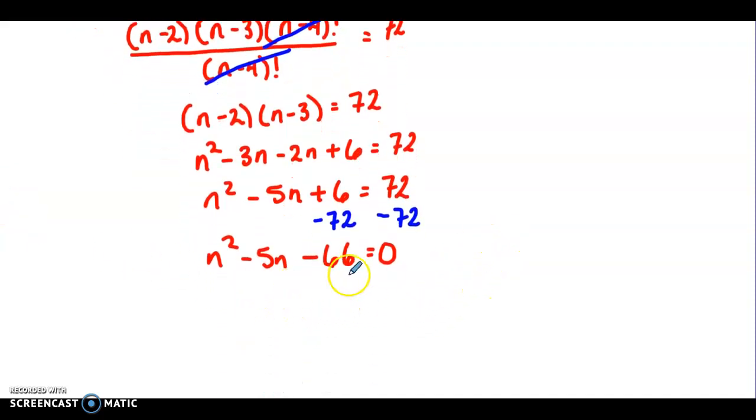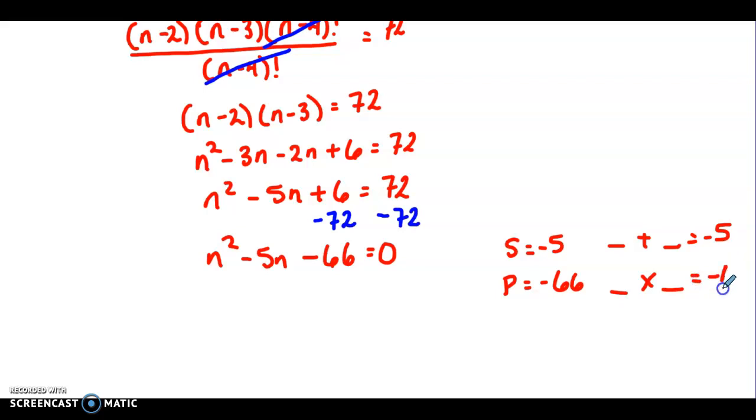We now need to factor the quadratic. We need a sum of negative 5 and a product of negative 66. What plus what will give me negative 5? And what multiplied by what number will give me negative 66? 6 times 11 will give me 66.